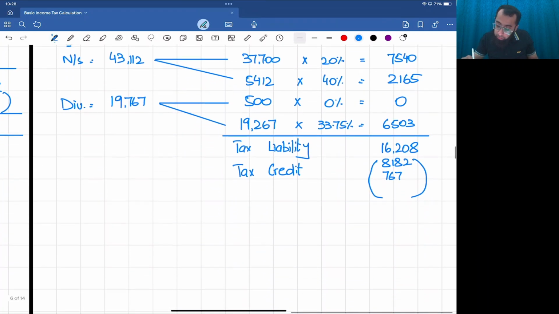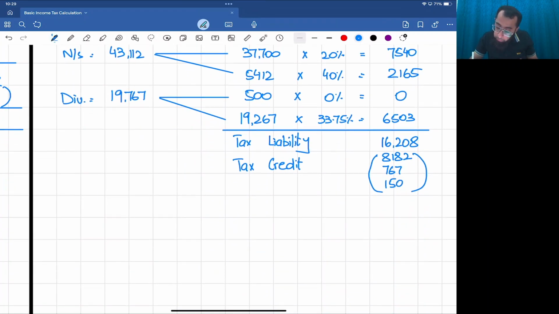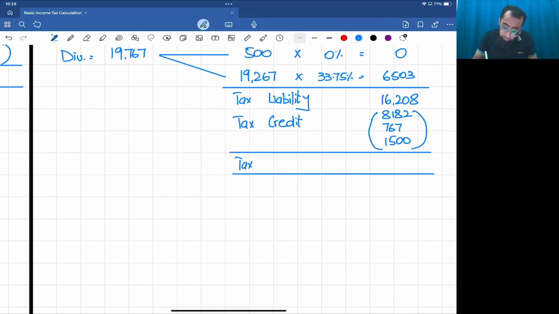So that was a tax credit of 1,500. So here you go, you will find out your final tax payable, I believe. I don't think it's difficult as far as the calculation is concerned. 8,182, 767, and 1,500. It's 5,759.